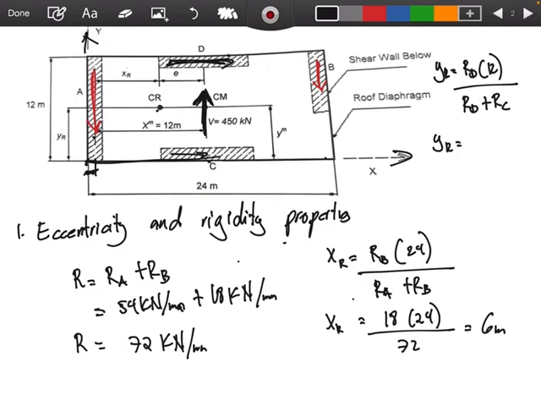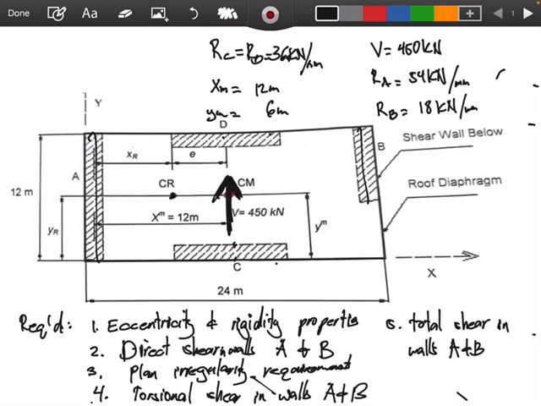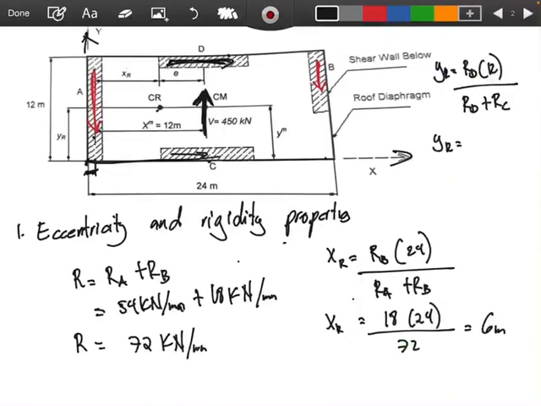Ano ba yung RD? RD is what? 36 ba yun? 36. 36 times 12 over 36 plus 36. So, obviously, this is 1/2 of 12 na, diba? Kasi 1 over 2, 1/2 of 12, that is 6 meters.